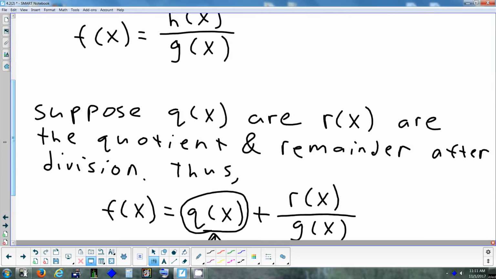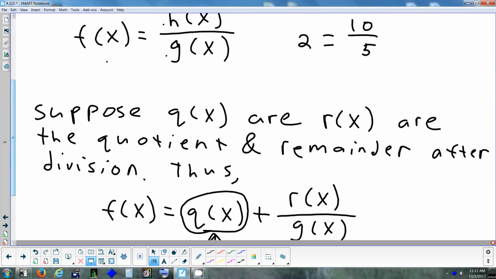And if you don't exactly remember that, I'll show you a quick example with numbers. Let's suppose I said 2 equals 10 divided by 5. I just filled in numbers for f, h, and g of x.